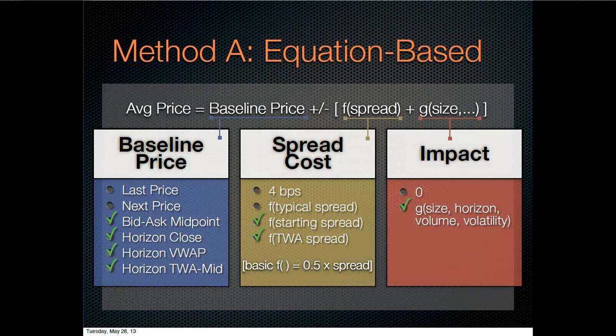So these are different ways that you could plug spread into the model, and usually the functional form is very simple there. You're just looking at some kind of a number like half of the spread, a quarter of the spread, something like that. So this piece of the model is not too complicated. The complicated part is actually plugging in the spread data if you don't already have it.